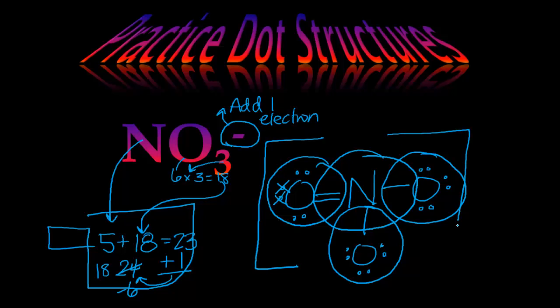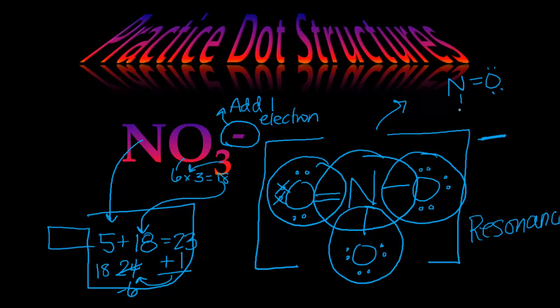So we know we can make this if we have a negative charge. But N also has resonance. So that means we would have how many other things to draw? 2 more. So we would also have to draw N with a double bond here. Don't forget the bracket to show negative.